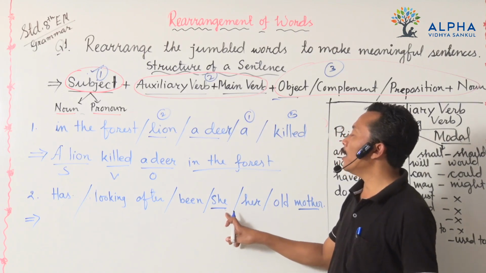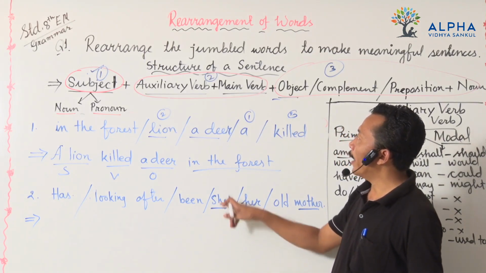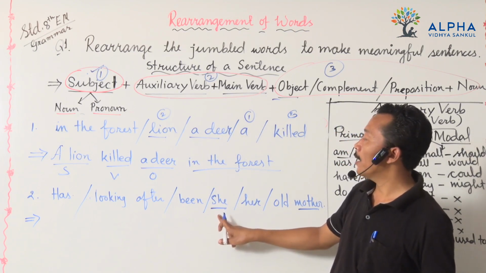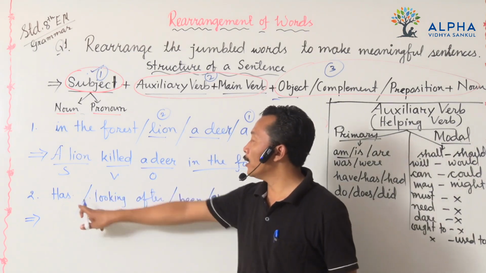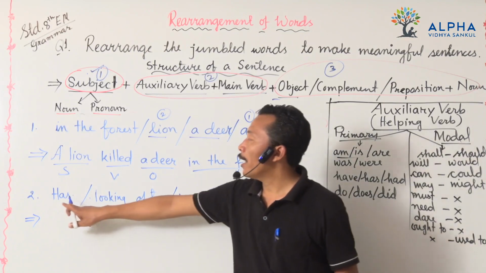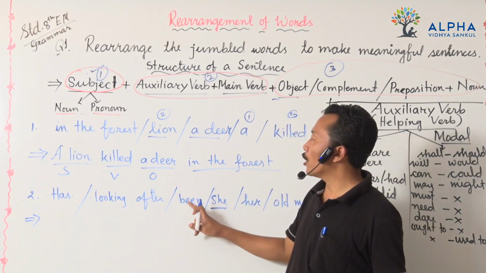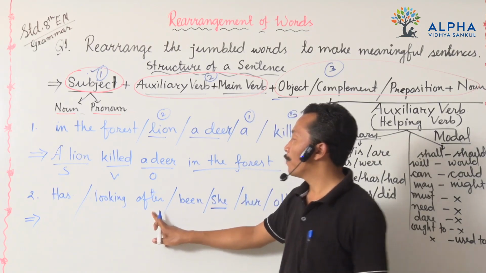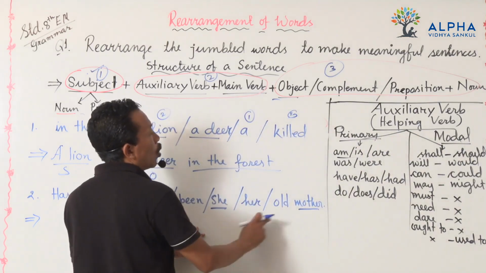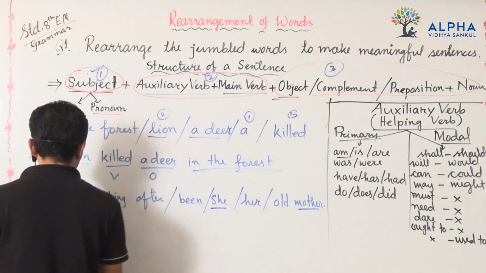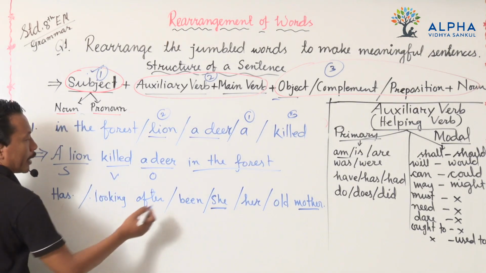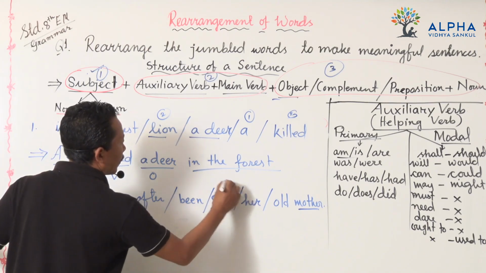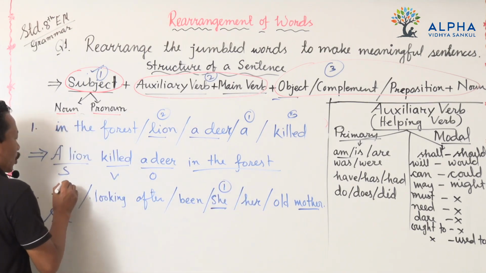Then the next is the auxiliary verb. She is the subject. Auxiliary verb, has been. She has been. After the auxiliary verb, main verb, looking after her old mother. Now we have the meaningful sentence. She, 1. Has, 2.